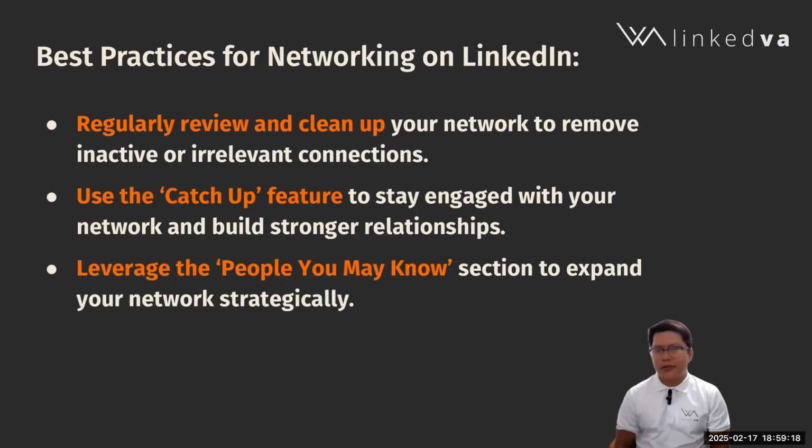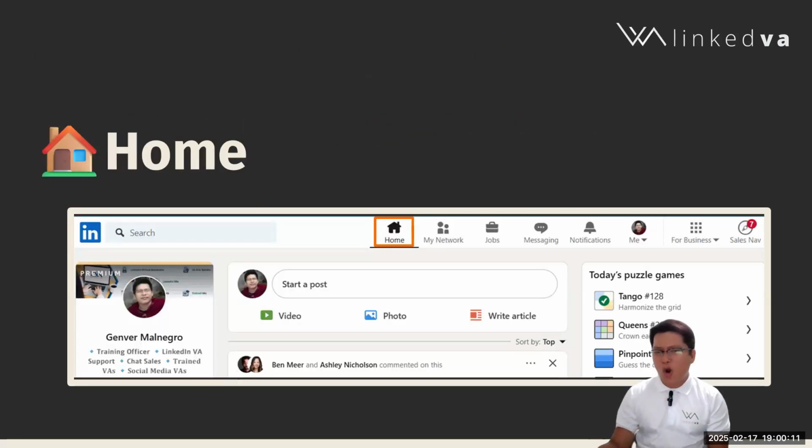Now, best practices for networking on LinkedIn: regularly review and clean up your network. Use the catch-up feature to engage and leverage people you may know, especially helpful if the account you're handling is not your premium member. Finally, we have the home.